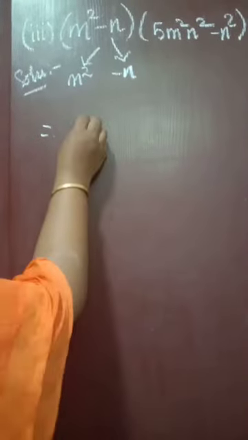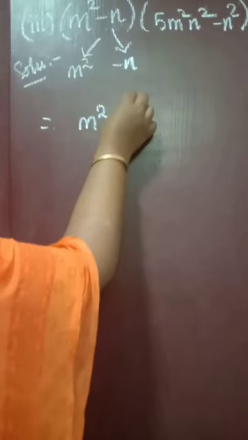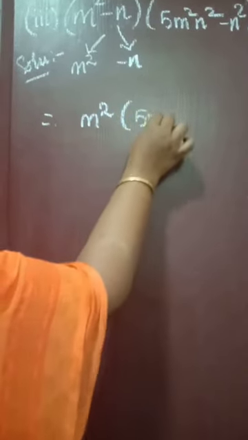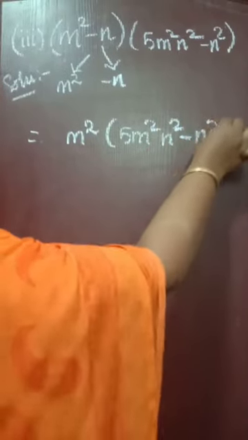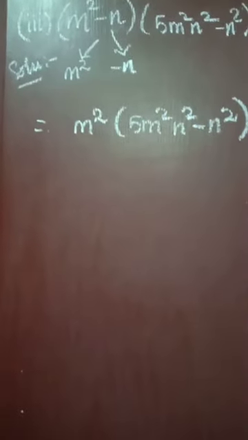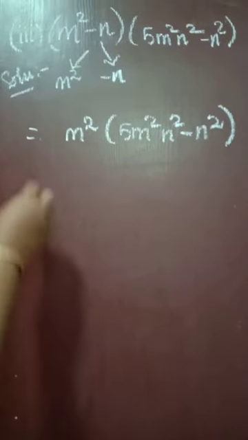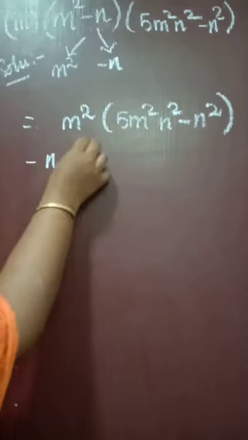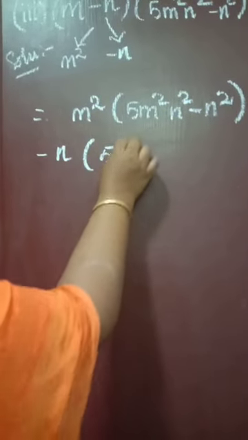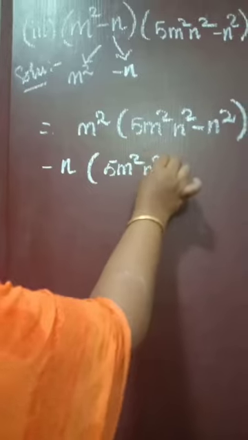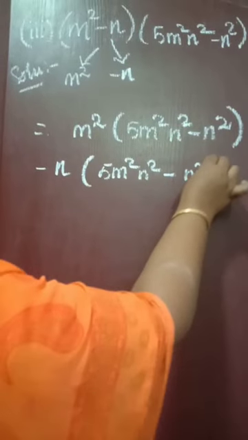So m squared with 5m square n square minus n square. Listen, what is the next term? Minus n. So minus n multiplied with the second bracket, 5m square n square minus n square.